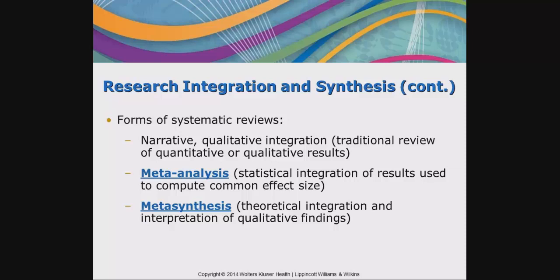And that's what makes it so powerful. Meta-analysis is quantitative. Metasynthesis is qualitative in background. You're looking at that theoretical integration and interpretation of those findings. The synthesis, or the integration, of those qualitative research studies in a new theory or a new framework on a topic. And you really do want to use these a lot.